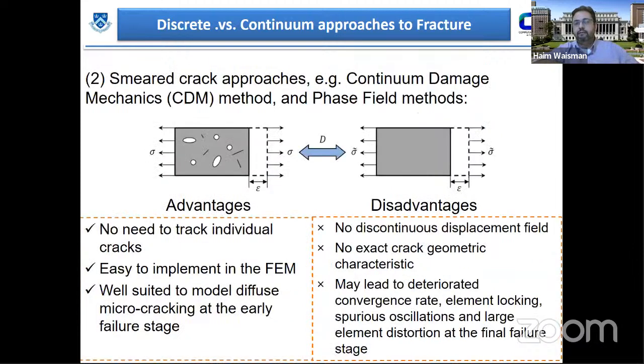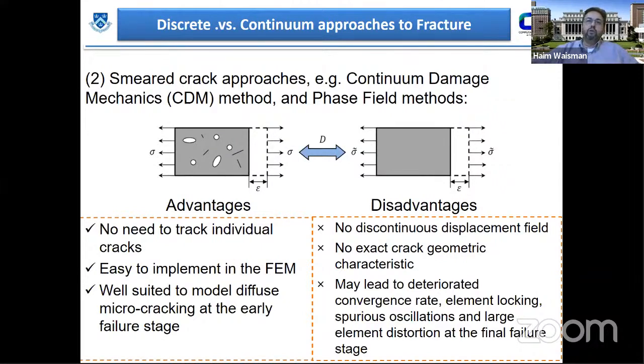On the other hand, the other methods, such as continuum damage mechanics or phase field methods, basically in damage mechanics, we have a bunch of micro cracks that are being transformed into a kind of a homogeneous domain, and essentially it becomes just an internal variable in your finite element model. All right, so the advantage here is that it's very easy to implement in an FEM code.